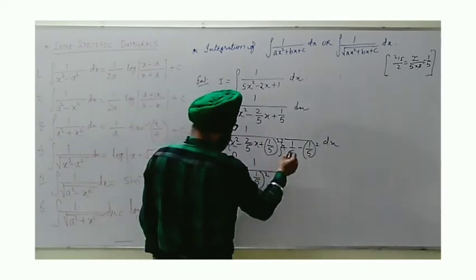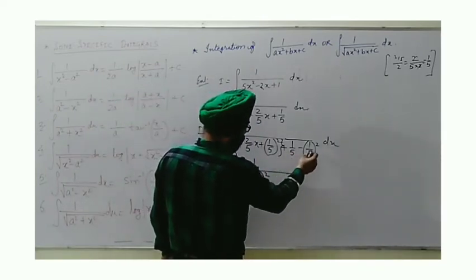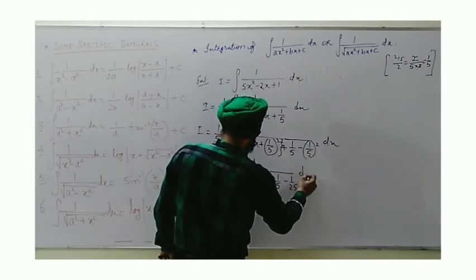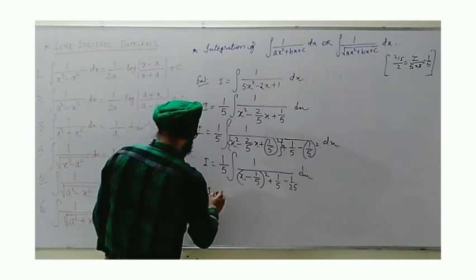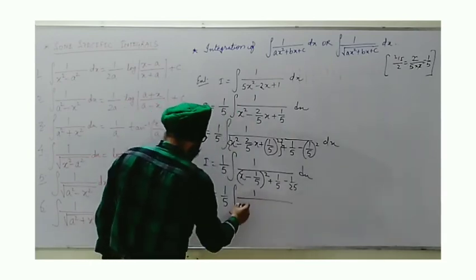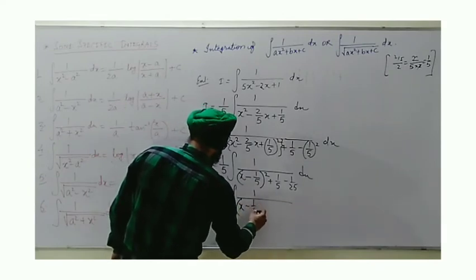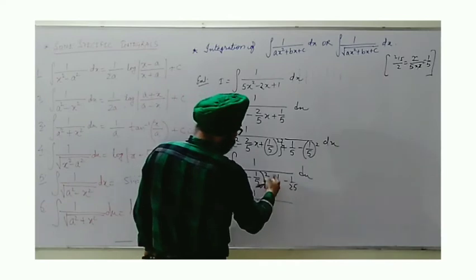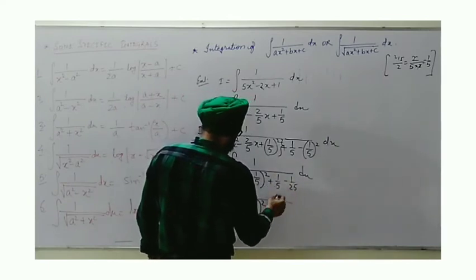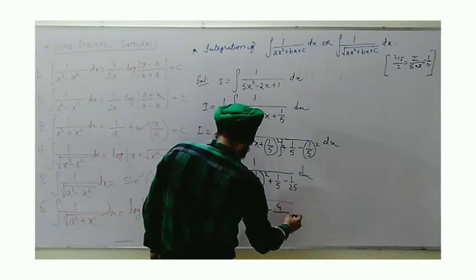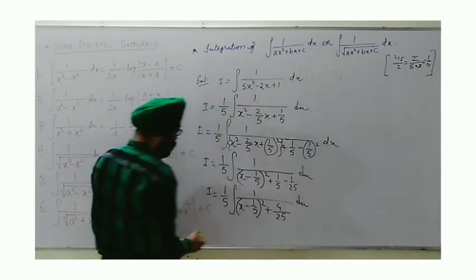Solving the constants, 1 upon 5 times 1 upon 5 is 1 upon 25, and we are getting here plus 4 by 25 dx.